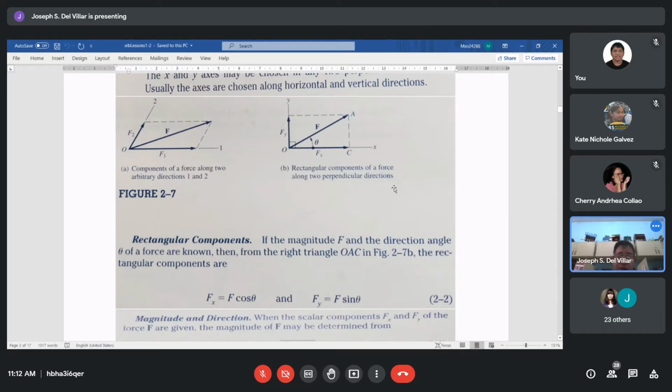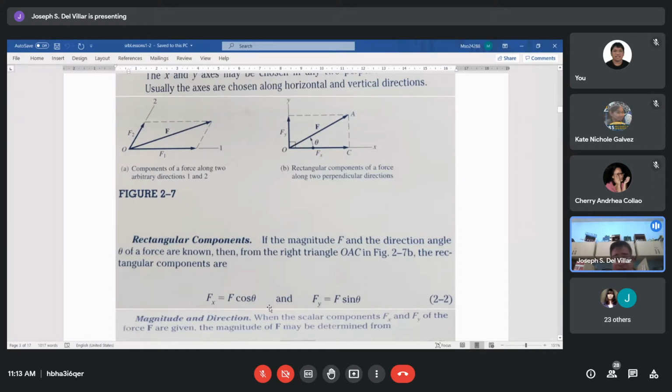Now, in the event that the angle is with respect to the vertical, these two reverse. When you get Fx, it becomes F sine theta, and for Fy, F cosine theta, when your theta is with respect to the y-axis. Okay?